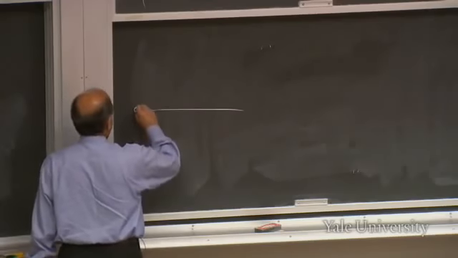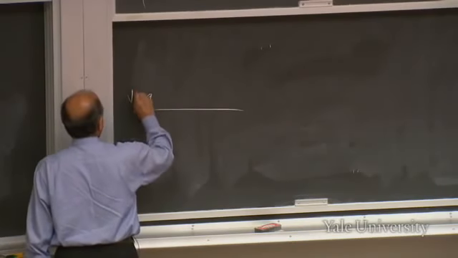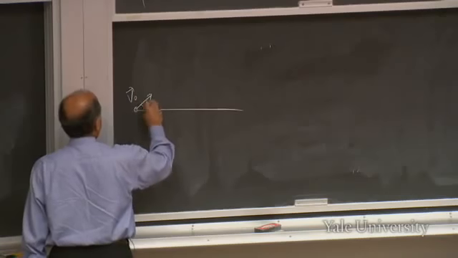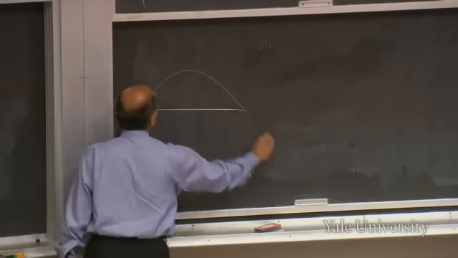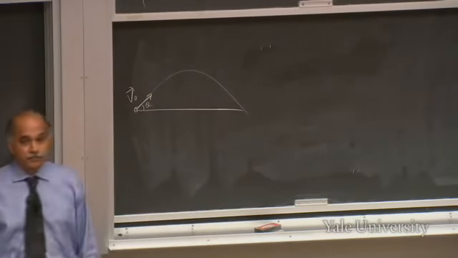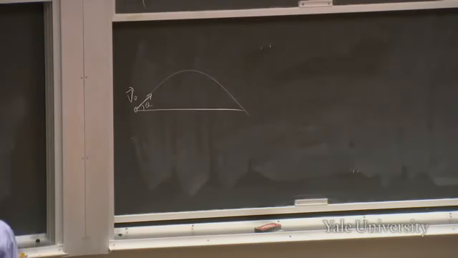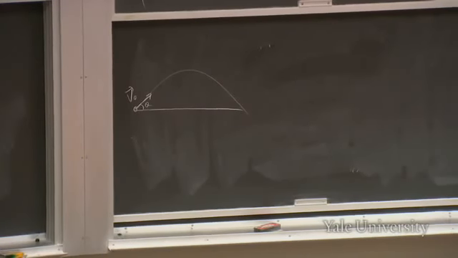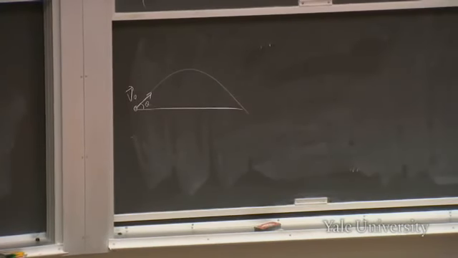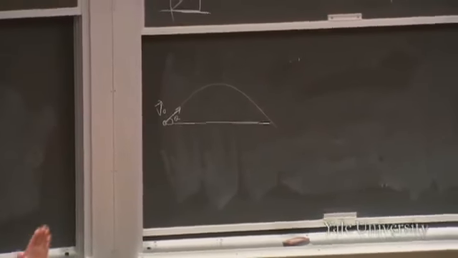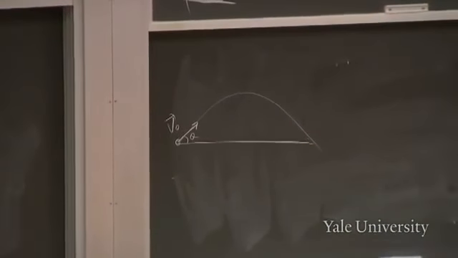So in projectile motion, you start here and you fire a projectile with some velocity v naught at some angle theta, and it's going to go up and it's going to come down. One question is, where is it going to land? Another question is, at what angle should you fire your projectile so it'll go the furthest?